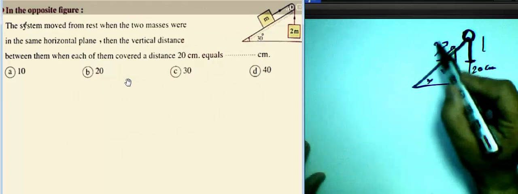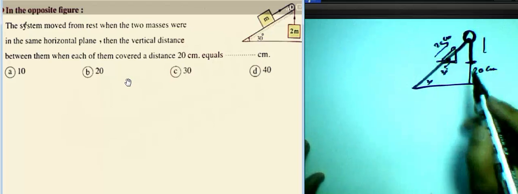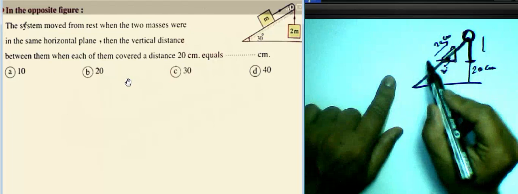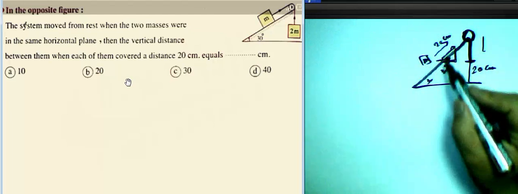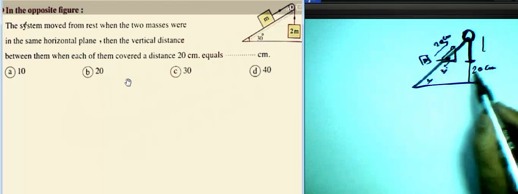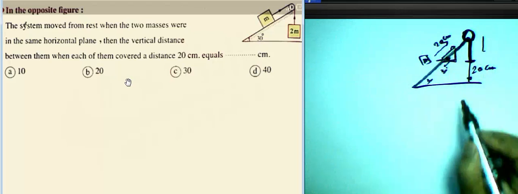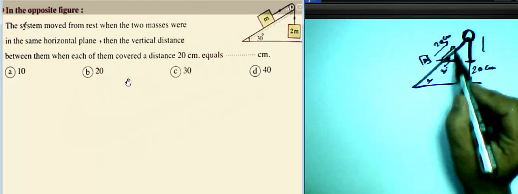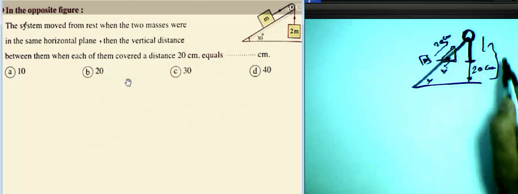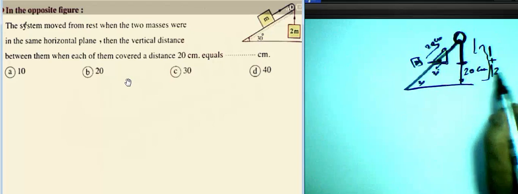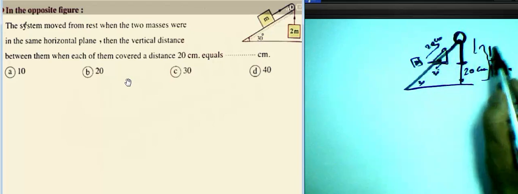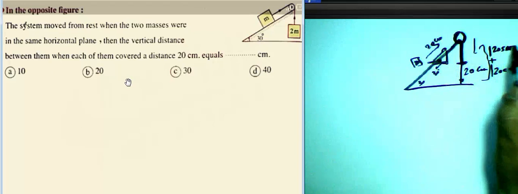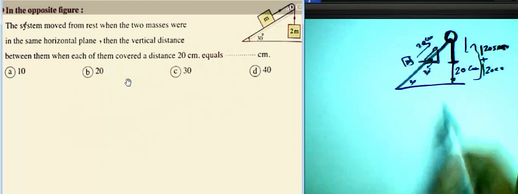Each of them covered a distance of 20 centimeters. The body of mass m is moving up 20 centimeters along the incline, and the other will be going down 20 centimeters. We want to find the vertical distance, so we add them. We know this distance equals 20 centimeters, and this distance will be 20 sine 30.